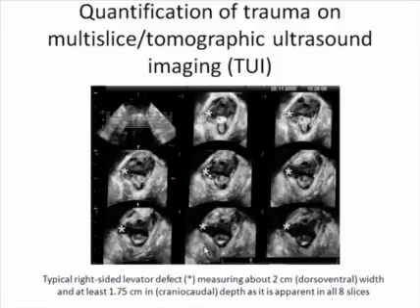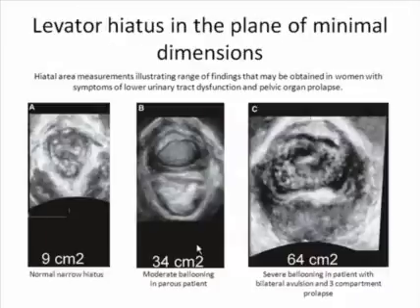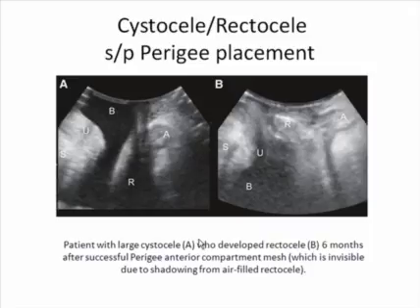Okay, tomographic ultrasound imaging is shown here, and we can take images at certain millimeter cuts, and this is the same patient showing where the asterisk is the avulsion of that levator muscle. We can measure the hiatus, and these are images showing normal versus ballooning after avulsion injury of the levator muscle.